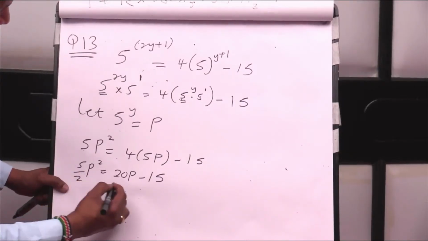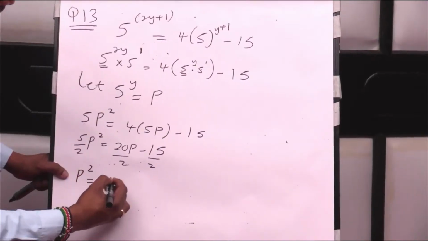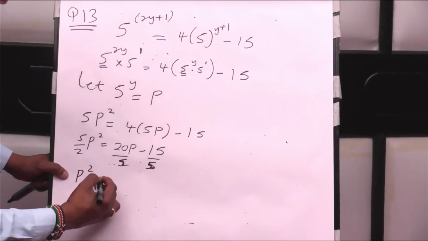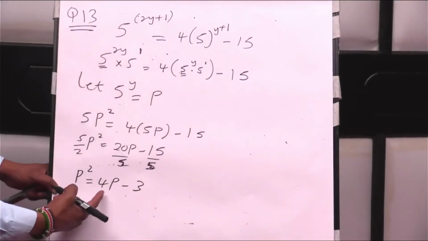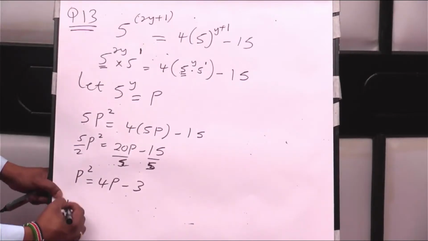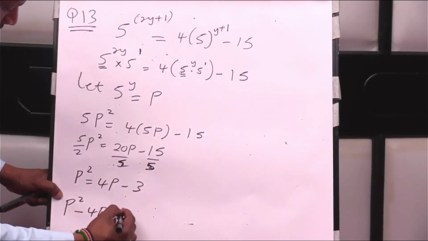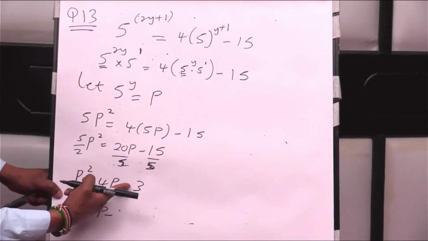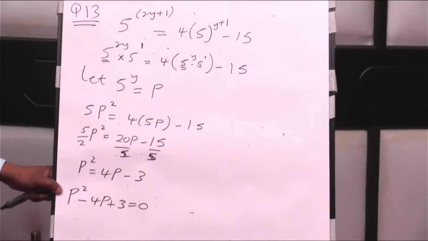Divide everything by 5. So p squared equals 4p minus 3. Bring them on this side. So p squared minus 4p, minus 3 crosses to the other side and becomes plus 3, equals 0.